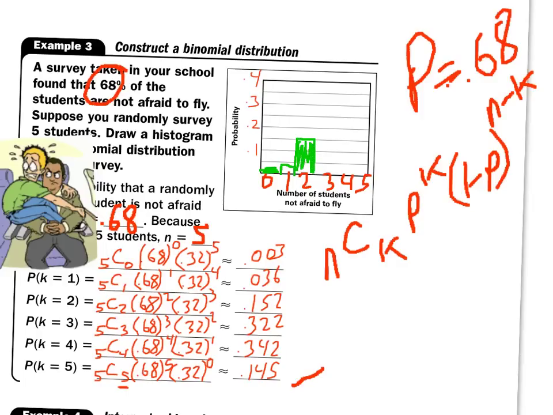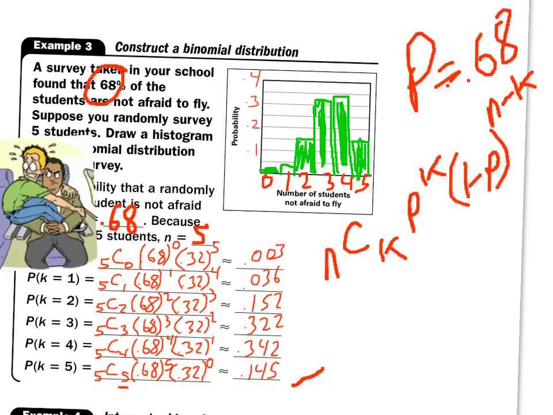I might color it in if I want. 0.322, this looks to be one of the bigger numbers, so it's all the way up to here a little bit. I don't know why that did that, but alright. 0.342, almost to that line, and back down. And 0.145, so that's back down to here somewhere, pretty close.